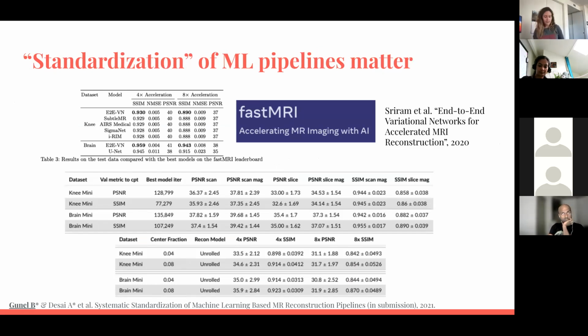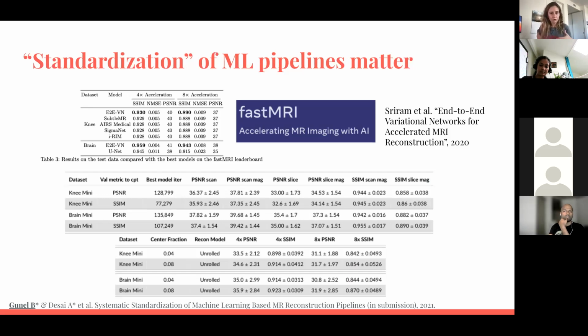So why do I say that, right? I give an example on the top row from Fast MRI, which I mentioned as a joint effort between Facebook and NYU that gathered pretty big traction in the field. But if you look at their test results and compare different models, you can see that SSIM and PSNR changes are pretty negligible.